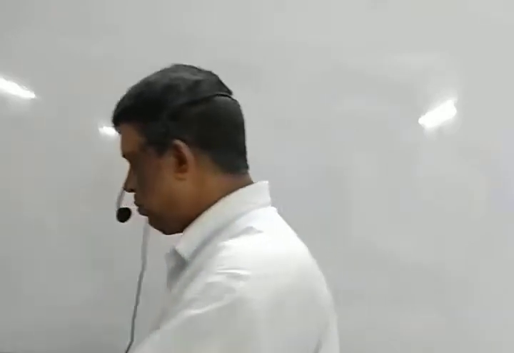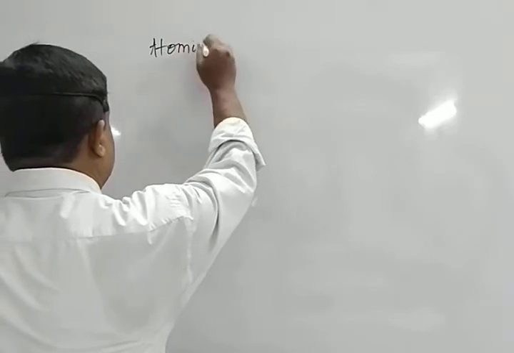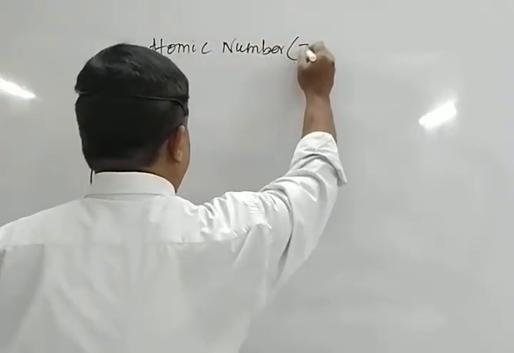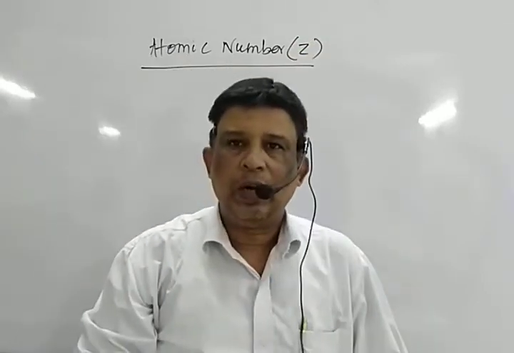First one is atomic number. Atomic number is represented by symbol Z. What do you mean by the term atomic number?